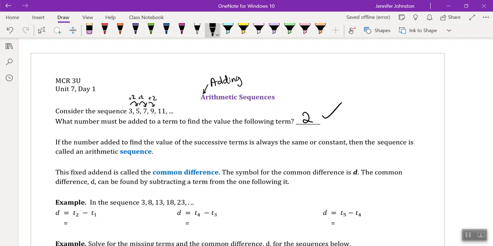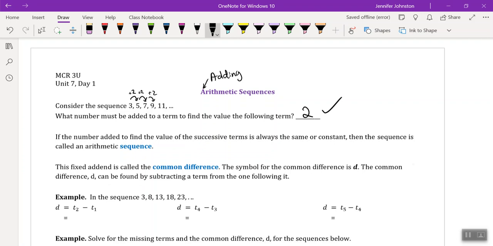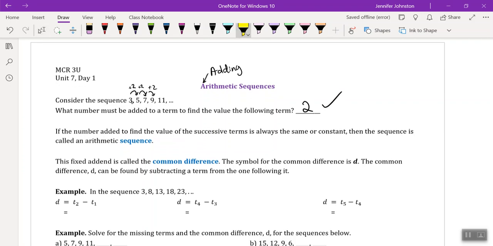This is considered arithmetic, and it's a sequence. A sequence has commas in between as well. So we have commas in between our values, and we're going up by 2 each time.